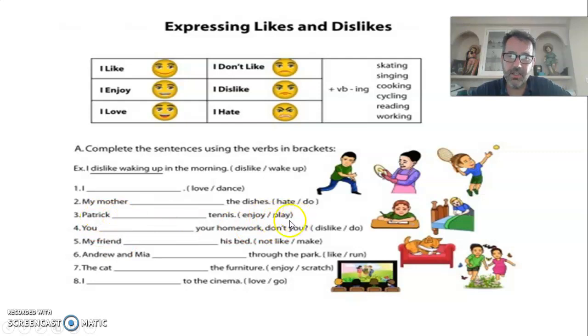Patrick, you enjoy playing. Don't you dislike doing your homework? Dislike doing, of course.